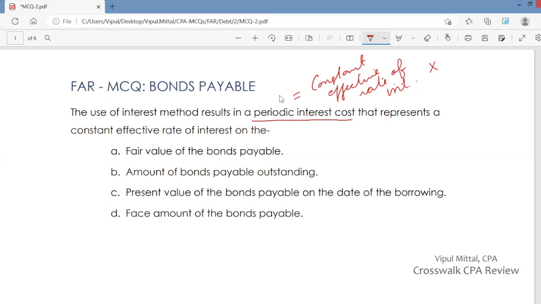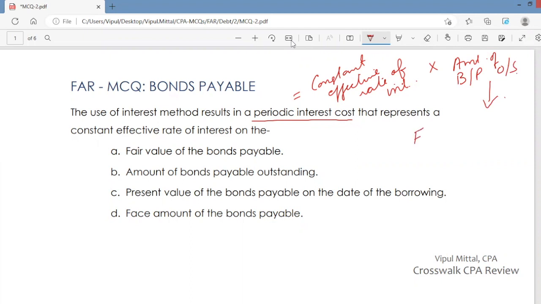How do you calculate your periodic interest cost? You multiply constant effective rate of interest and amount of bonds payable outstanding. And what is this amount of bonds payable outstanding?